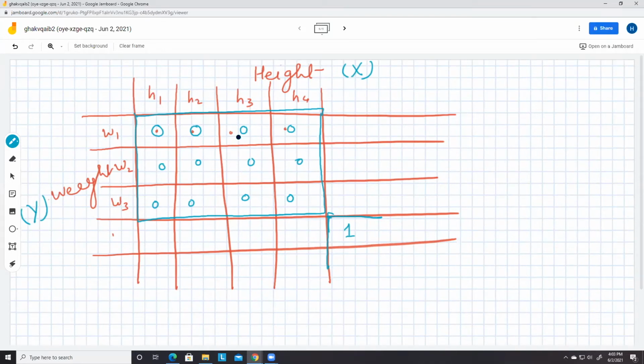The conditions of this matrix are that the sum of all these numbers is equal to 1, and they are all, of course, greater than or equal to 0. These are the two conditions for a probability mass function or probability density function.